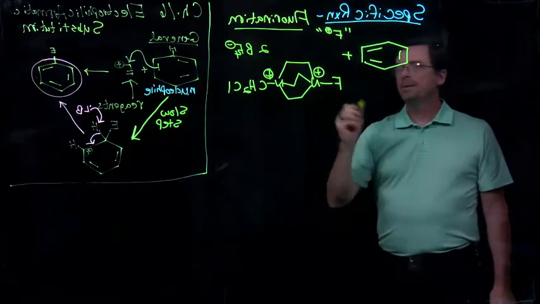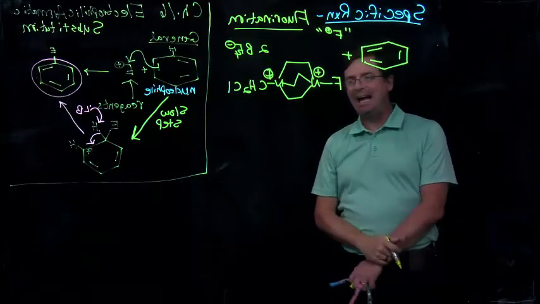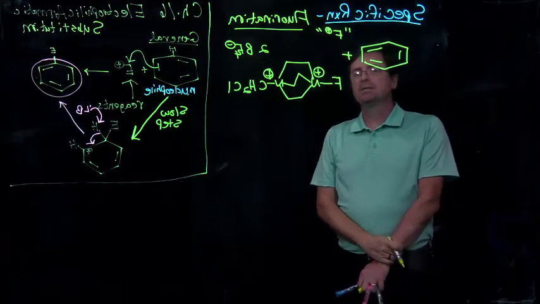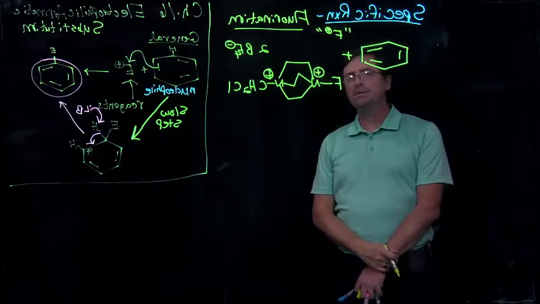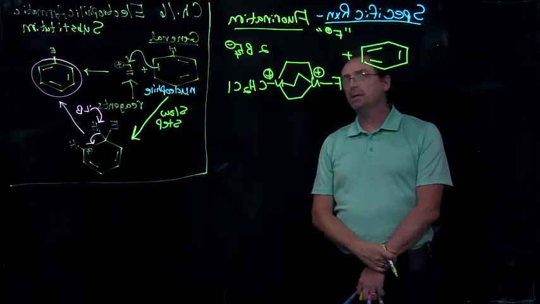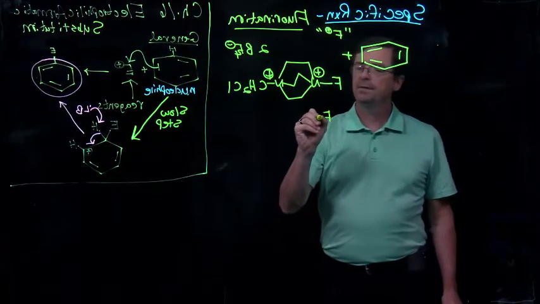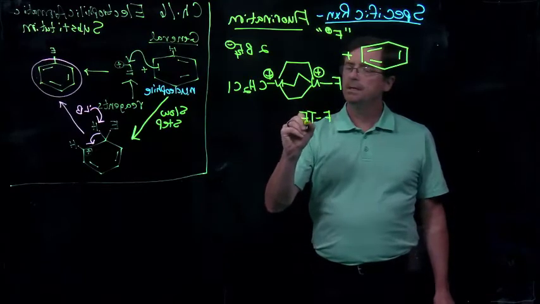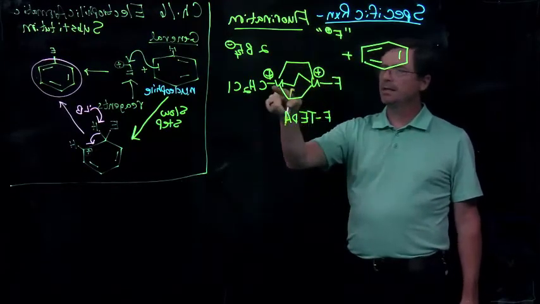This fluoroamine, which is an ammonium cation, it's in fact a dication, so this is a very high energy species, is capable of delivering a fluorine cation equivalent. F-TEDA, that's for triethylene diamine.